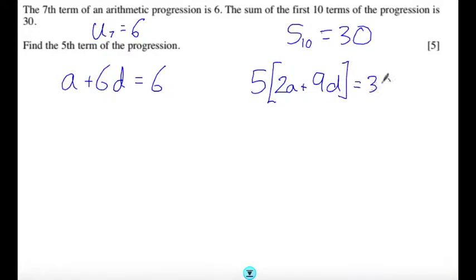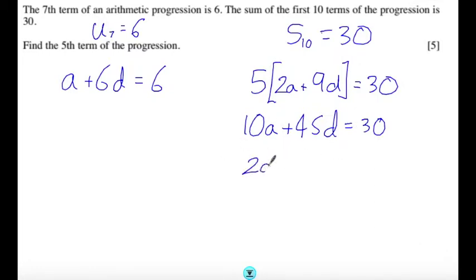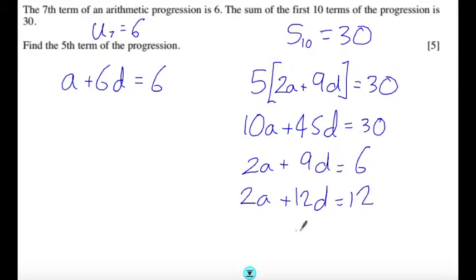So this is going to be 10a plus 45d, remarkably similar to the other one, equals 30. And then divide everything by 5. So 2a plus 9d is 6. And then I'm going to double the first equation and write it underneath. So we get, if we take off the top again, 3d is 6, d is 2.